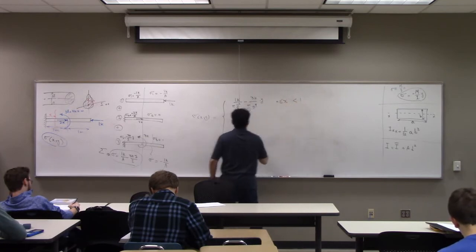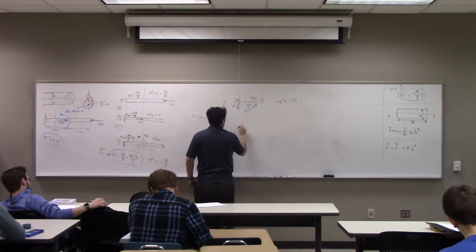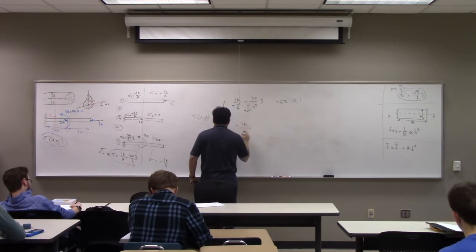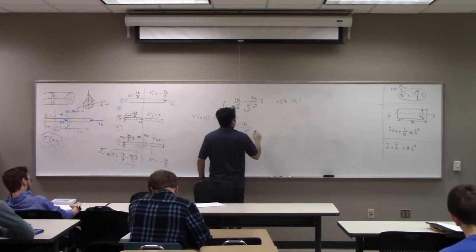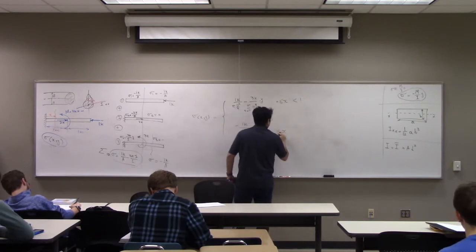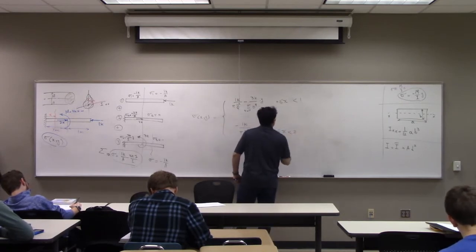Now you get negative 1K over pi D squared over 4 when x is greater than 1 and less than 2.